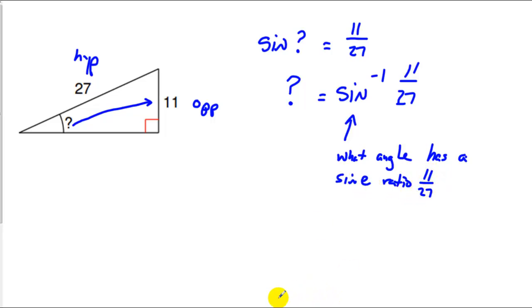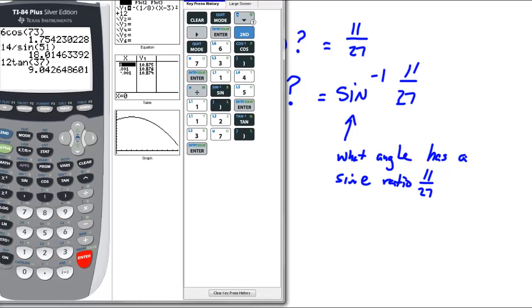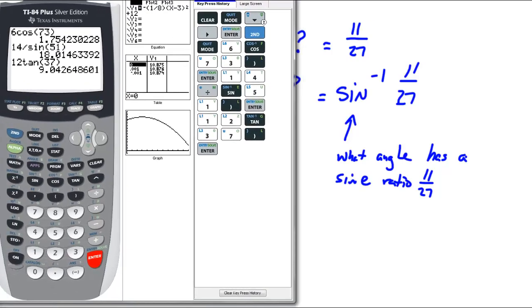So let's go ahead and get to our calculator. And in this case, we've got the inverse sine. Now you'll notice sine, once again, is right here. If you look in blue right above it, we have the inverse. So we say second sine, and you'll notice there's our inverse.